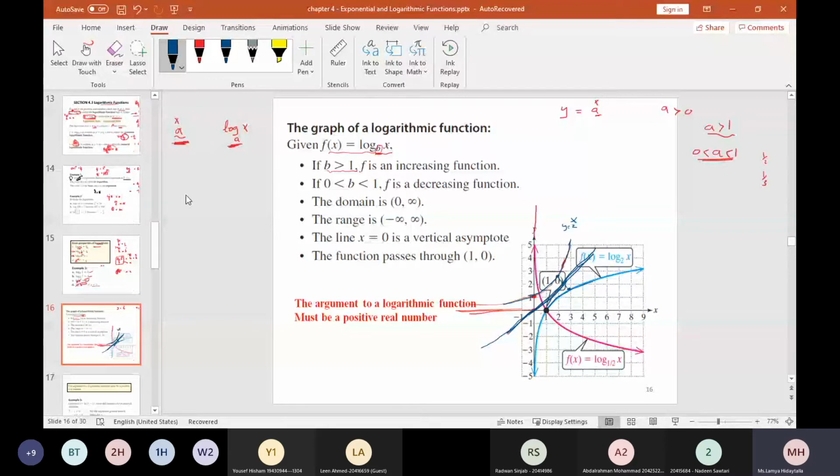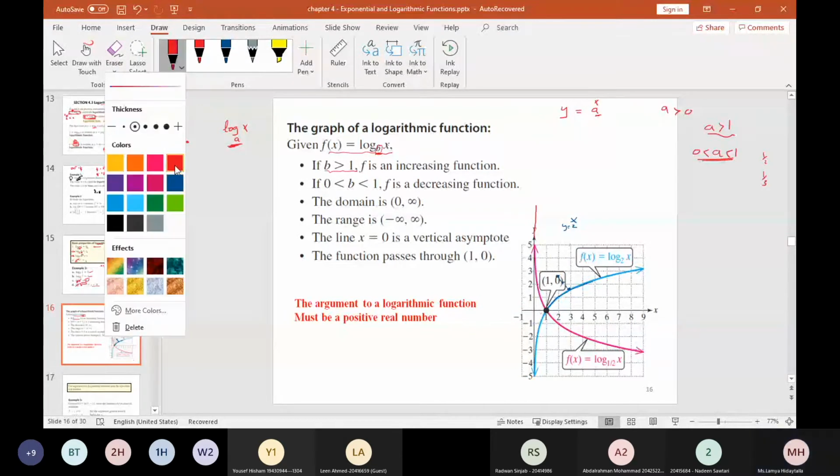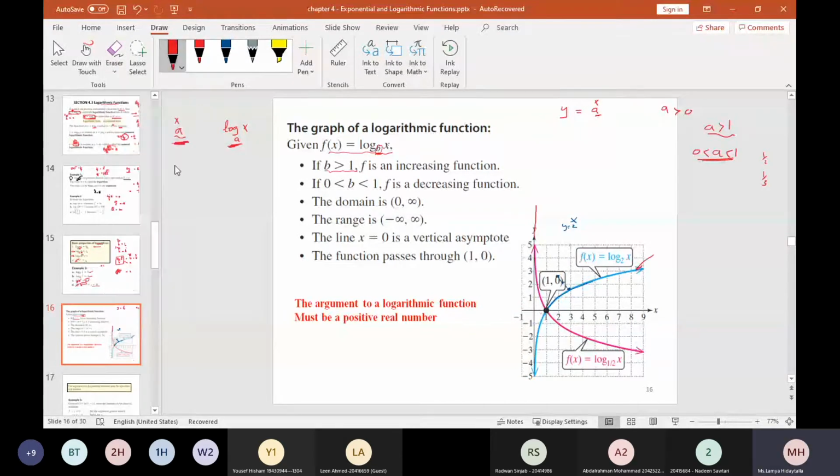Okay, clear? So anyway, now let's look at our graph, and we know how to plot a graph, correct? In particular, if we want to draw my graph, log x to the base 2, you can start with the x value and then the y value.